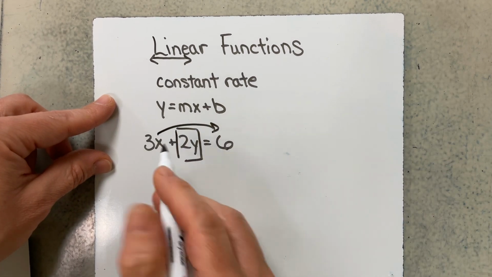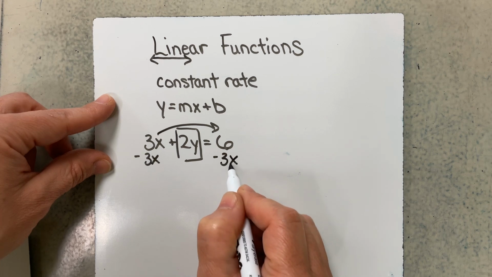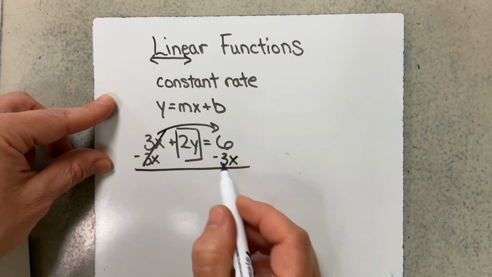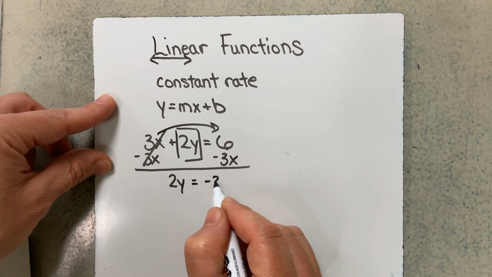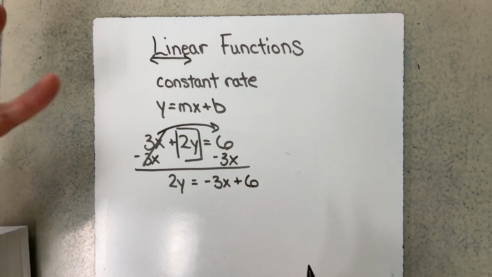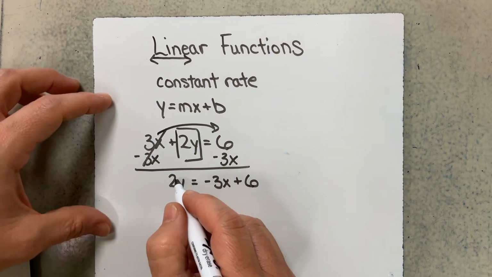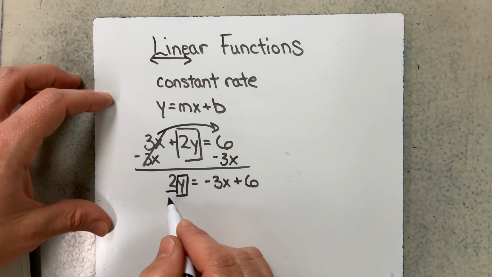So first I'm going to get the 3x to the other side. These are not like terms, so I'm going to keep them separate. We can't combine them because they're not the same type. Now I want the y alone. This is 2 times y, so I'm going to do the inverse.